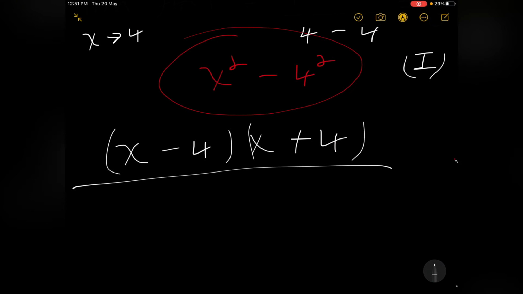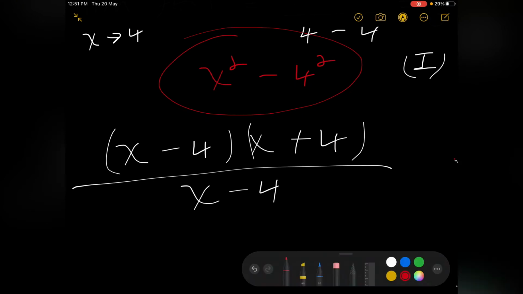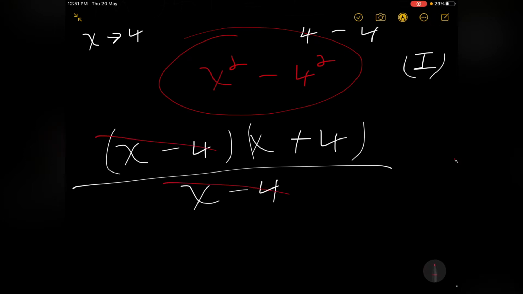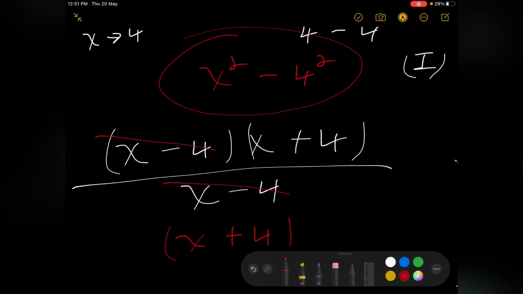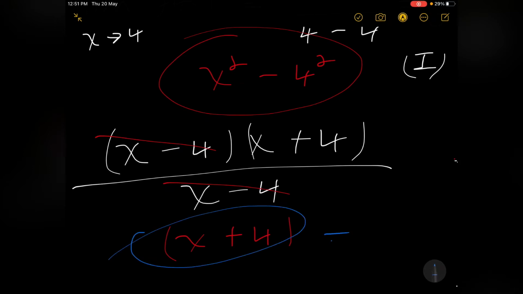In the denominator, we have x minus 4. These cancel, and we are left with x plus 4. Now when we find the limit of this, x plus 4, we have 8 for our limit. And now our limit is defined. And that is how you remove a removable discontinuity.